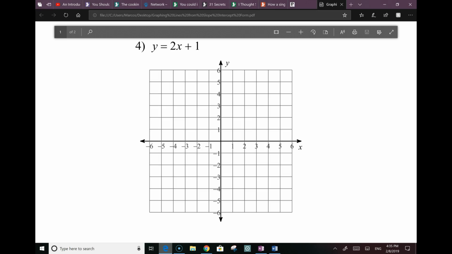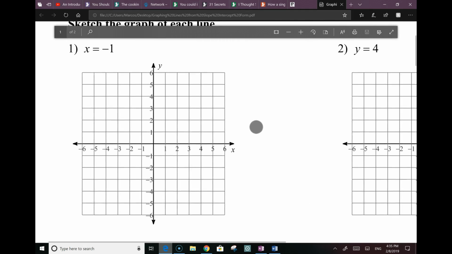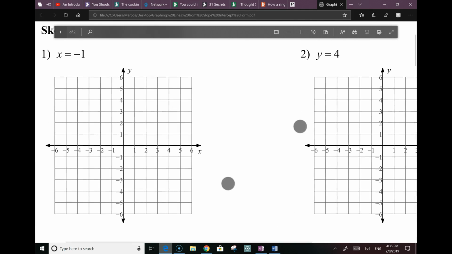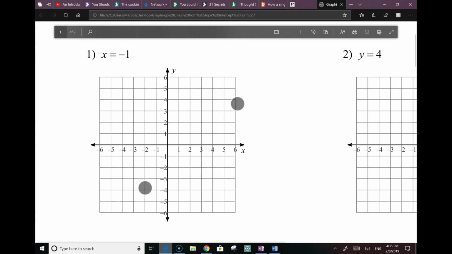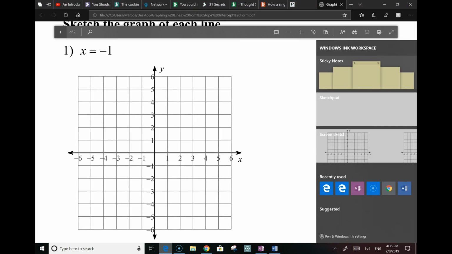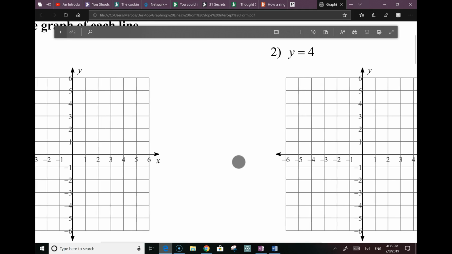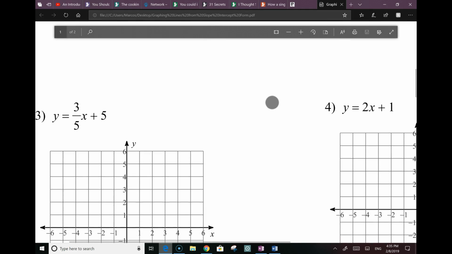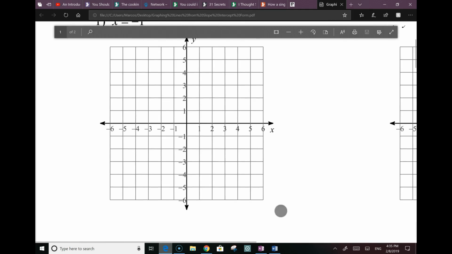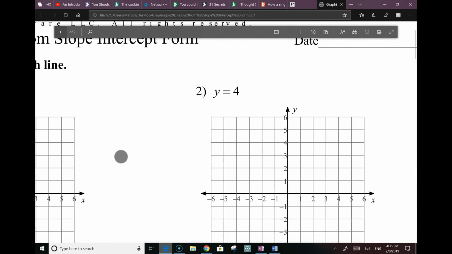Now, I do have other examples to give you, and we are going to go up to this one and do numbers 1 and 2 over here, because these definitely look different if you haven't noticed already. The difference between something like numbers 1 and 2 and something like numbers 3 and 4 is that there's only one variable here and there's only one variable here.